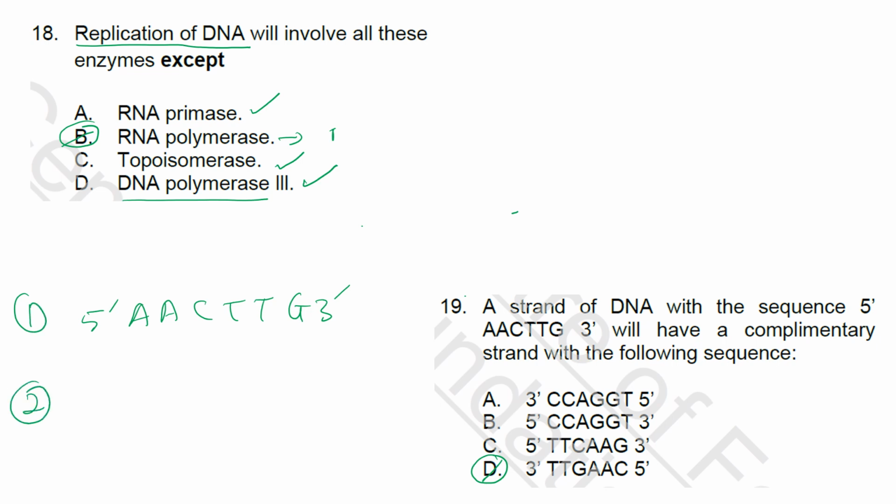The second complementary strand will read 3', 5 matches with 3, A with T, T, G, A, C, 5'. This is the sequence on the second strand, which is this one here.